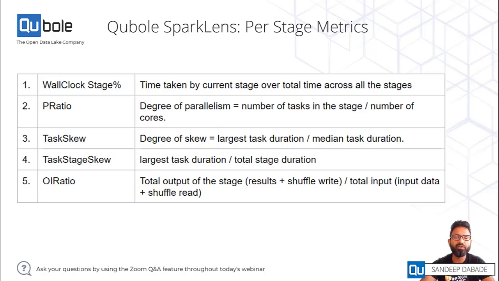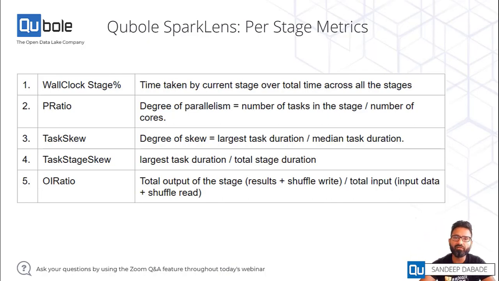Task queue defines degree of skew. It's basically a ratio of largest task duration over median task duration. Task stage queue is the ratio of largest task duration over total stage duration. And OI ratio is total output of the stage over total input.